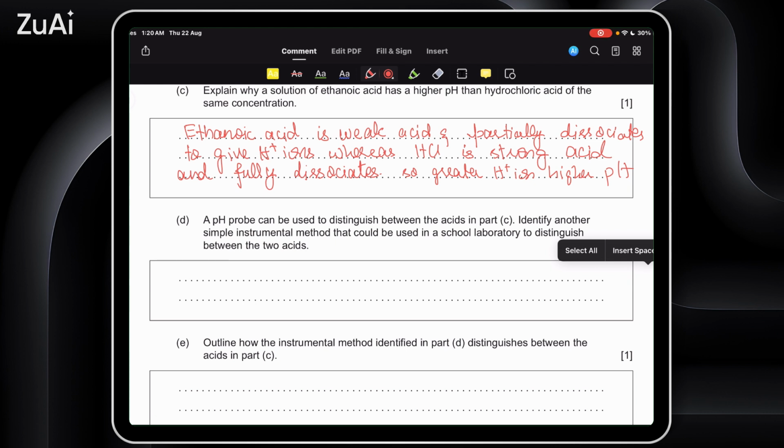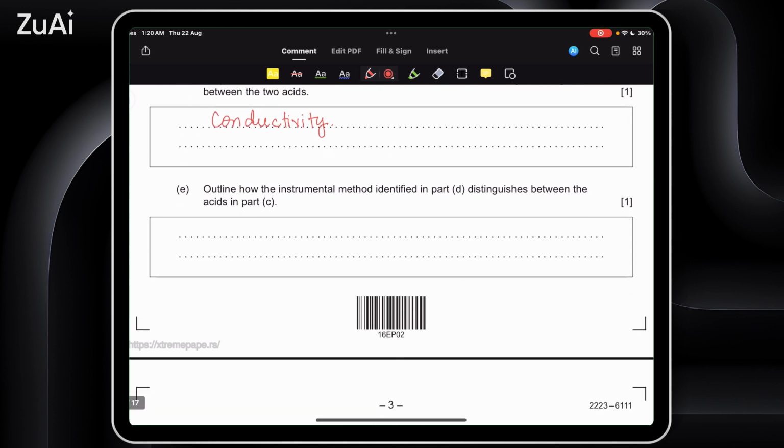So a pH probe can be used to distinguish between the acids in part C. Identify another simple instrumental method that could be used in a school laboratory. So conductivity, that's so easy, because conductivity is also a test which is used to identify. If the thing is a better conductor, we can say that it's a strong acid.